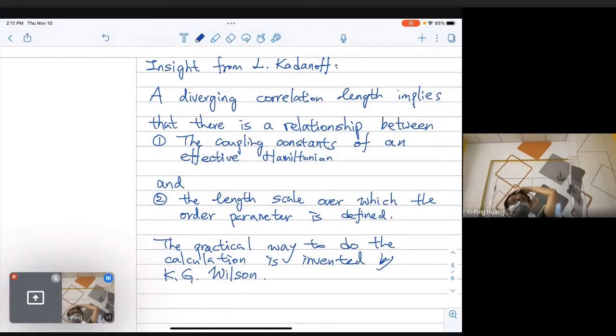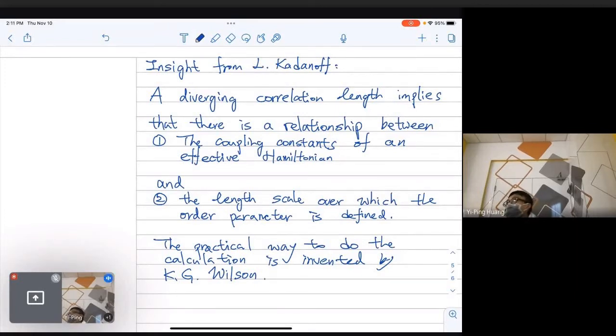I went through an interview about Kadanoff, and the reporter asked Kadanoff a very critical question: what do you think you did not have? Like, what is the idea that you missed when you invented the initial idea of renormalization group, but Wilson had?